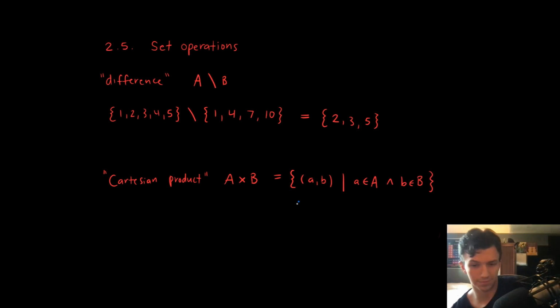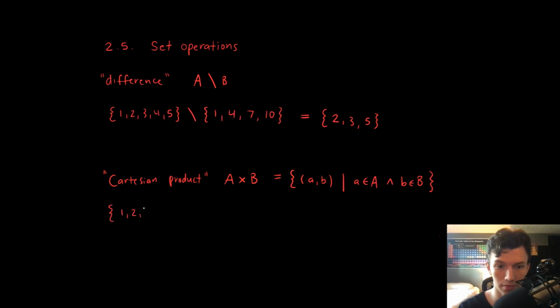So A cross B is the set of all ordered pairs of a and b. One example would be {1, 2, 3} times {10, 20}. Okay, so I have two different sets here, and I'm taking the Cartesian product.